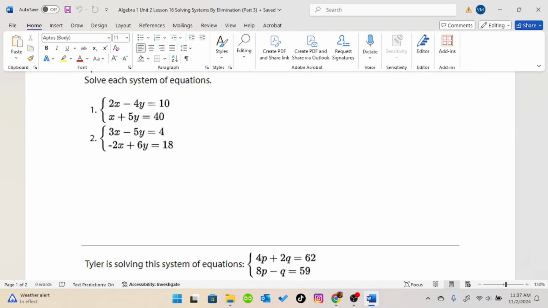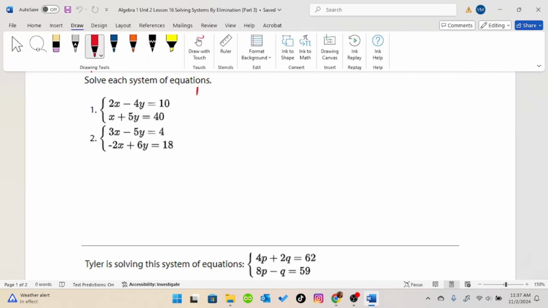So as we look at number 1, I have 2x minus 4y equals 10 on the top, and I have x plus 5y equals 40 on the bottom.